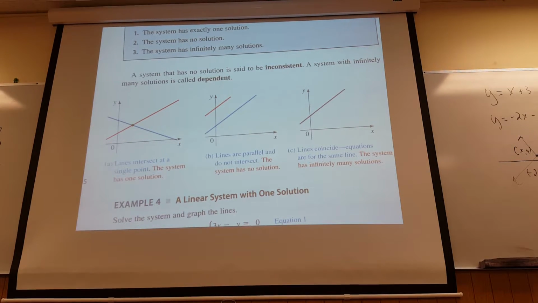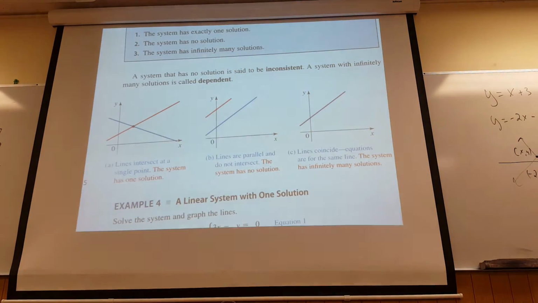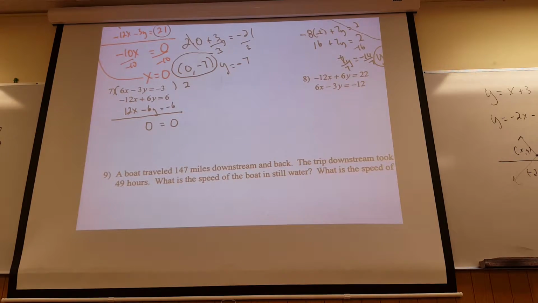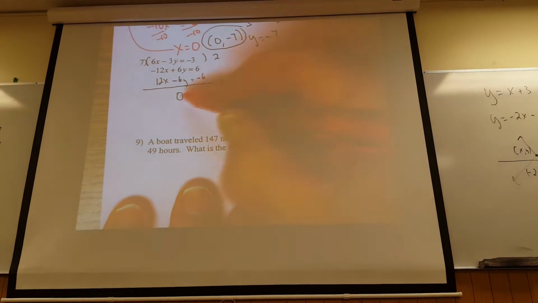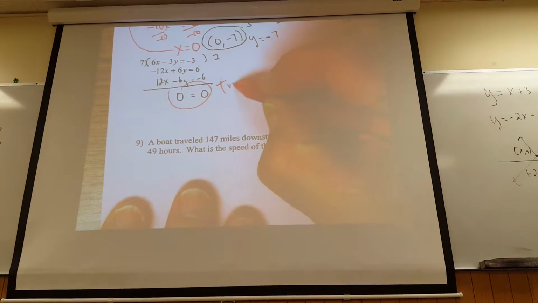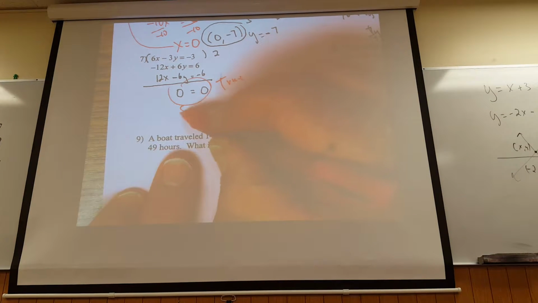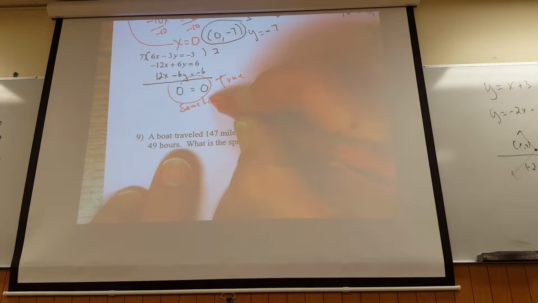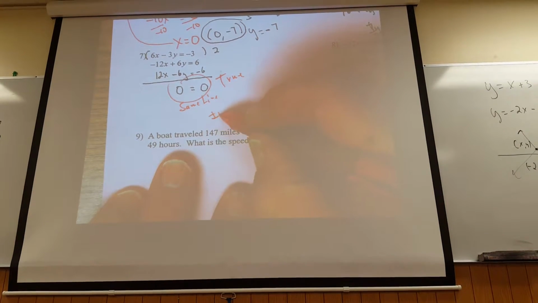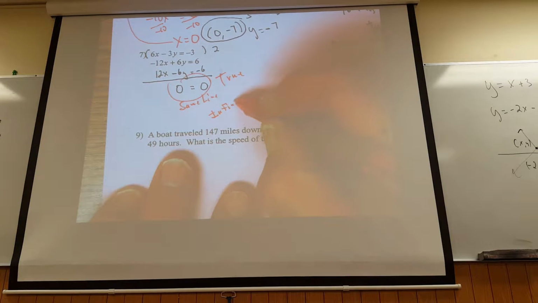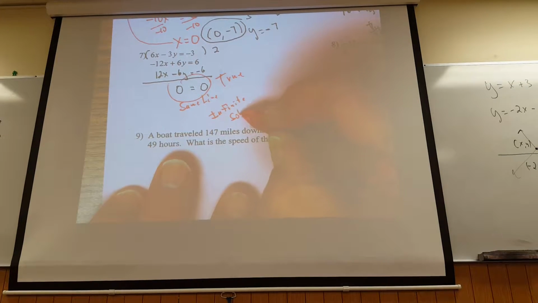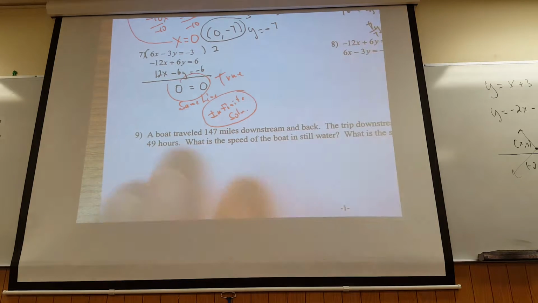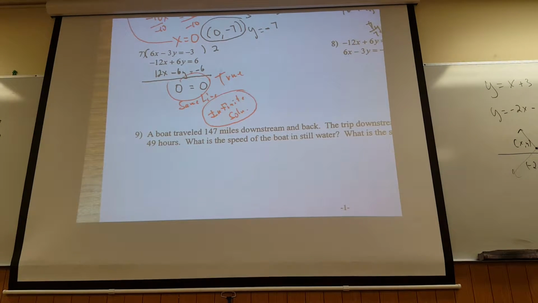So our answer for that number 7 problem there? Yeah. So this is a true statement. It's true. Now, that means it's the same line. You don't need to put that, but you have to put it's an infinite solution. Infinite solutions. Okay? So you do have to state that.